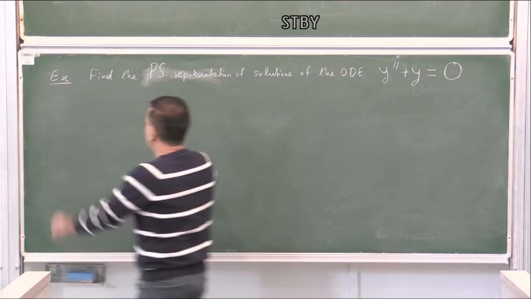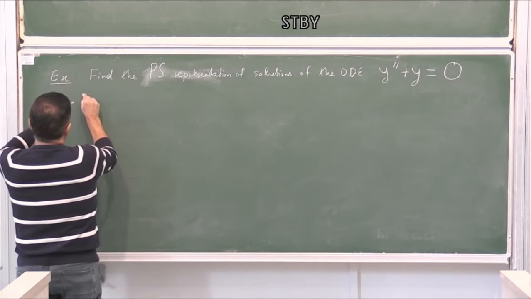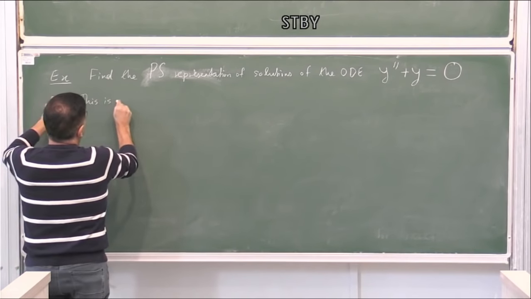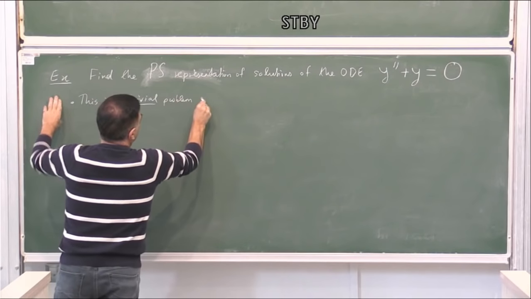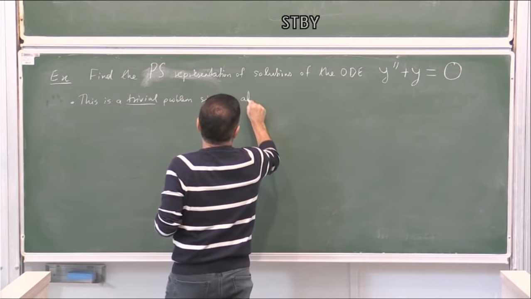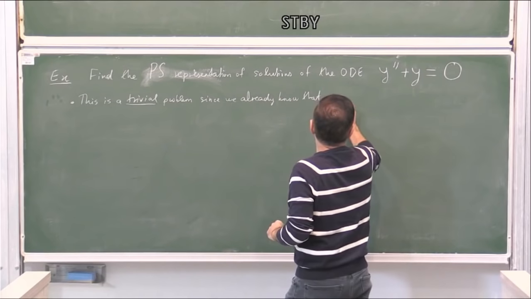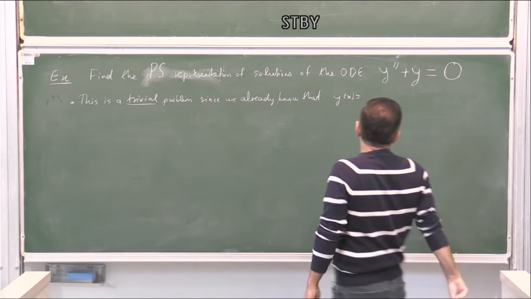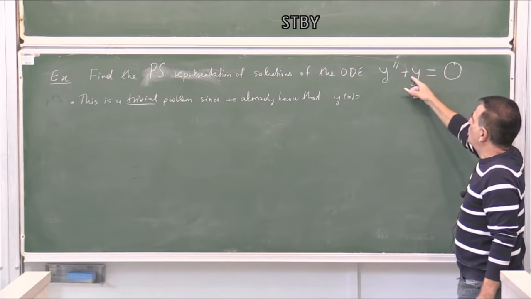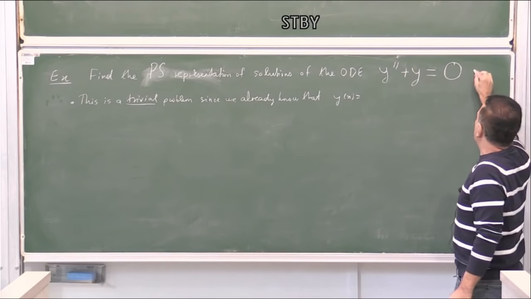Now this is trivial. Look, note, this is a trivial problem, since we already know the answer. What is that? This is an equation with constant coefficients. So the characteristic equation, what is the characteristic equation?